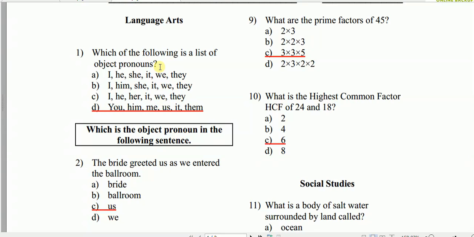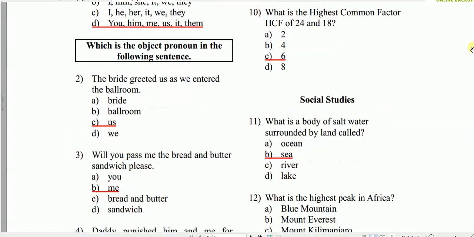For example, the dog bit the man. Now, the dog is doing the biting, therefore the dog is the subject, and the man receiving the bite is the object of the sentence. So, the object pronouns are you, him, me, us, it, and them.